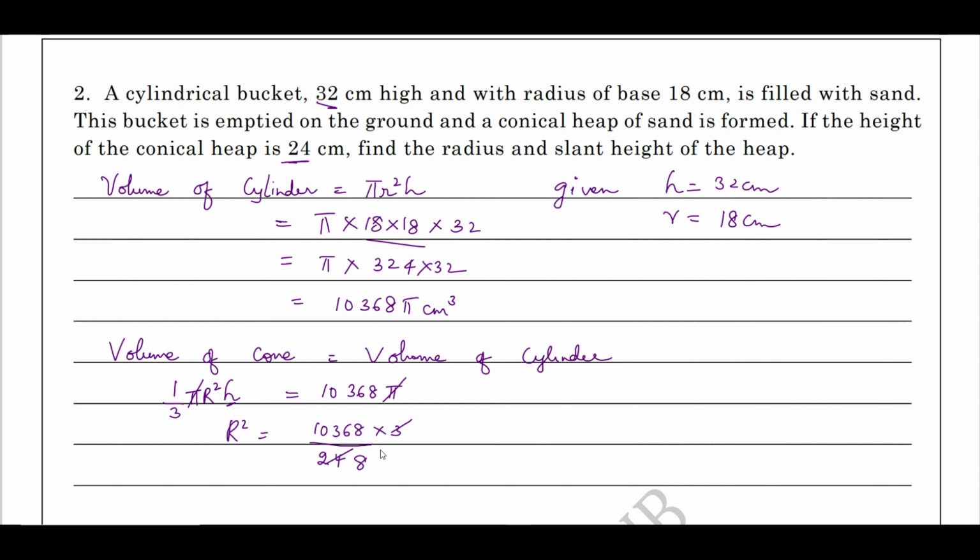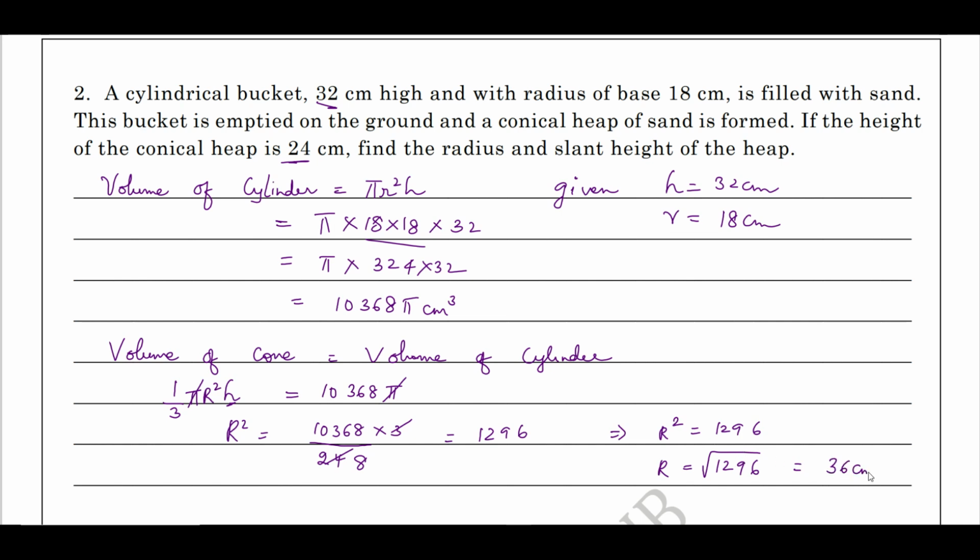Now divide 10,368 by 8, we get 1296. Now R square equals 1296. Now R equals square root of 1296. What is the square root of 1296? What we get? It is 36.